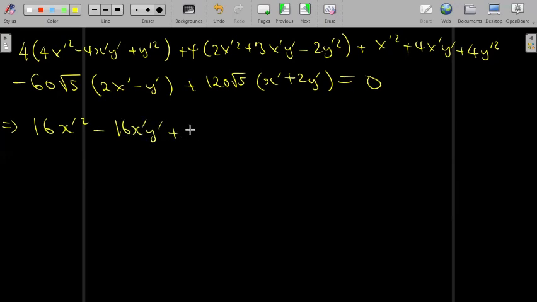Then plus 4y prime squared. Then next here, that will be plus 8x prime squared plus 12x prime y prime minus 8y prime squared, plus that will be x prime squared.